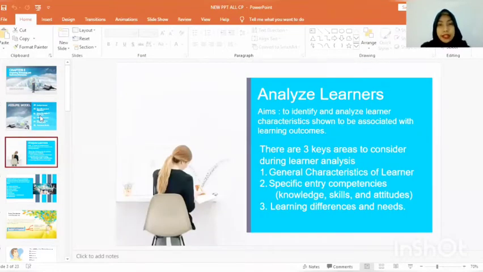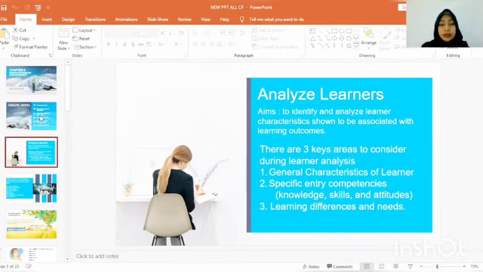The purpose of Analyze Learner is to identify and analyze the learner characteristics shown to be associated with learning outcomes. There are 3 key areas to consider during learner analysis. Number 1 is general characteristics of learners.